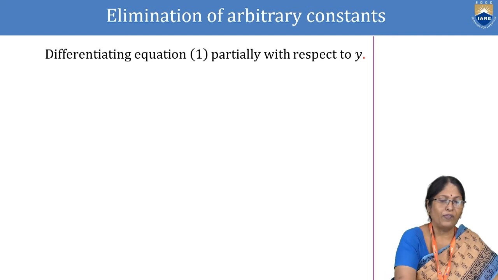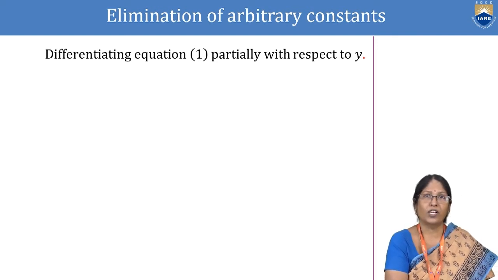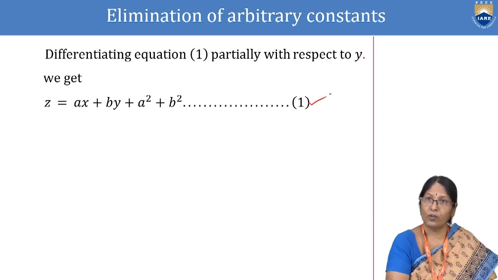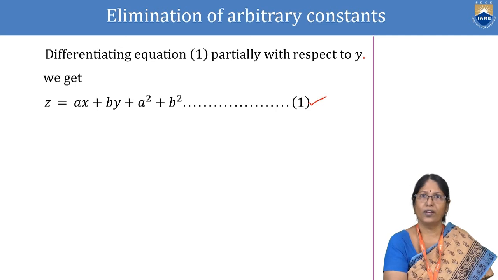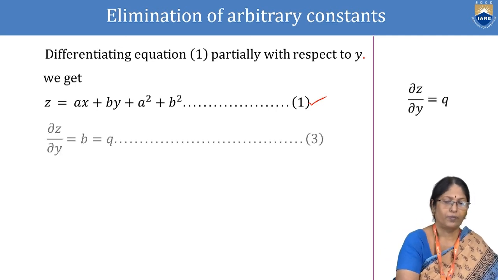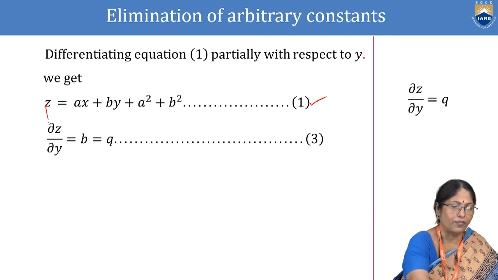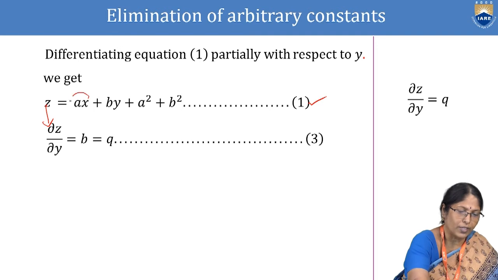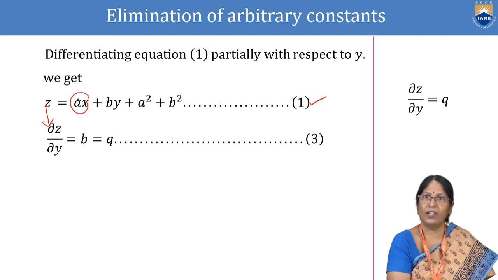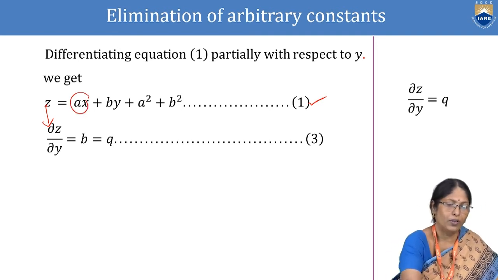Next, differentiating equation 1 with respect to y. So this is the equation, with respect to y we are going to do. Then other things are all treated as constant. So we know this: the left side is dou z by dou y. The x variable term has become 0.